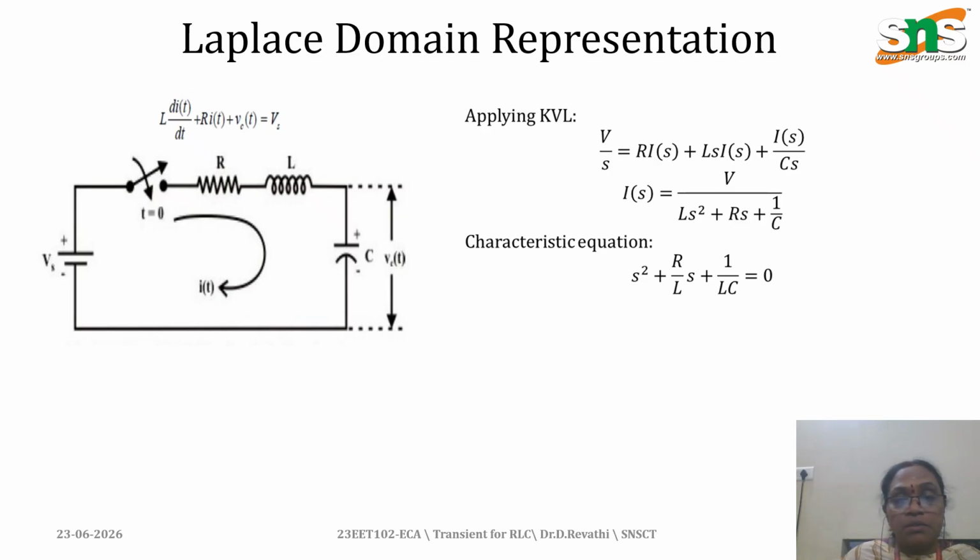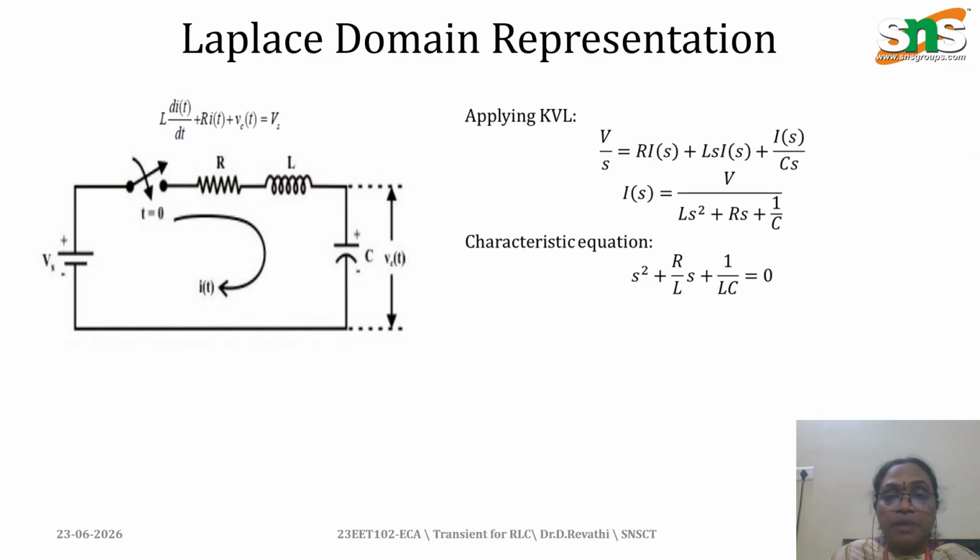When t is equal to 0, what will happen, and when t is equal to infinity, what will happen, and when it changes, what are the changes in the characteristics of the circuit, and when it reaches the steady state, all those things are shown in the characteristics.